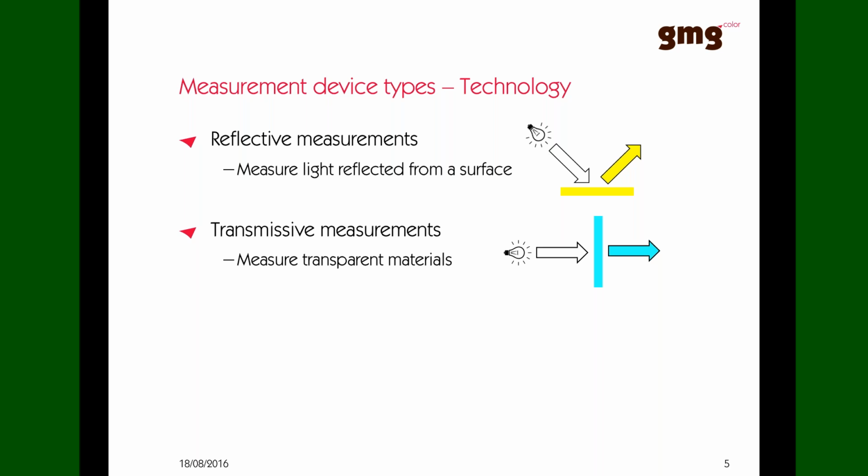So where your light source is shining from behind through the material that you want to measure. So this is for measuring transparent materials, and then your sensor is on the other side and is measuring the spectrum or the density that's passing through there.